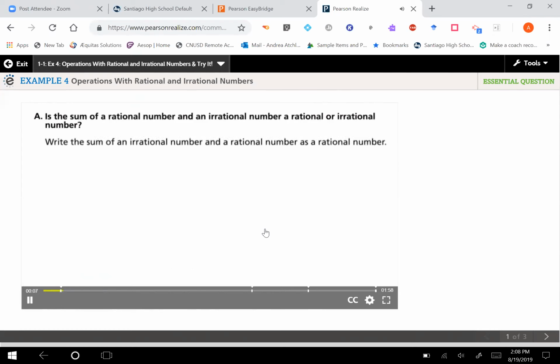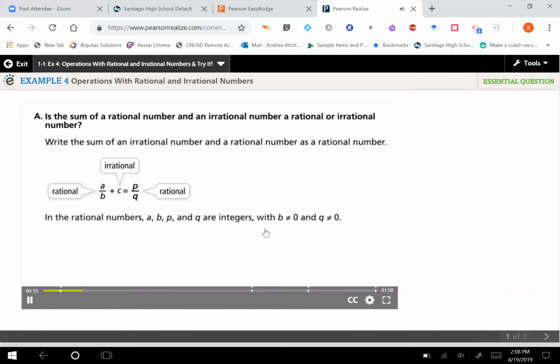Write the sum of an irrational number and a rational number as a rational number. Every rational number can be written as an integer divided by a non-zero integer. So for A divided by B and P divided by Q to be rational, A, B, P, and Q are integers with B and Q not equal to 0.